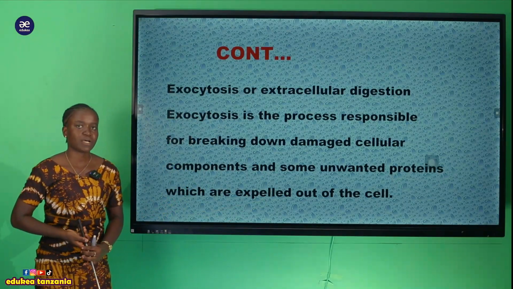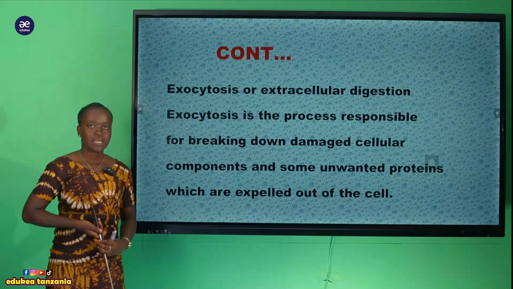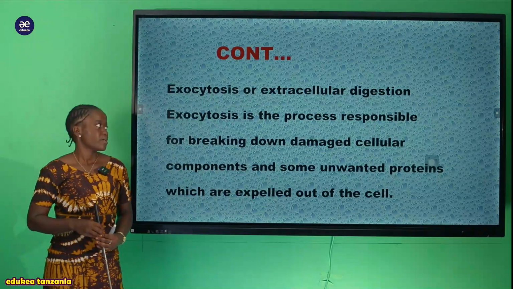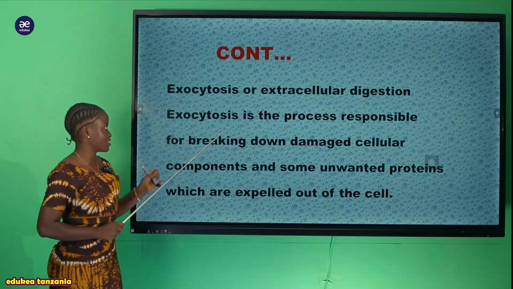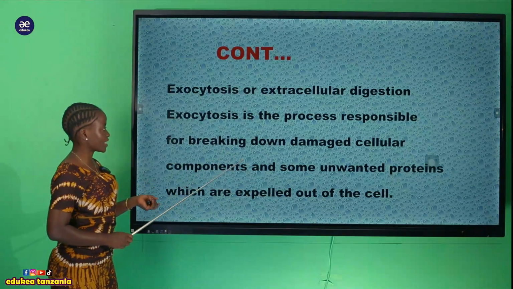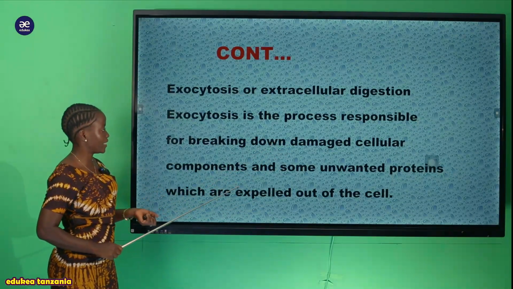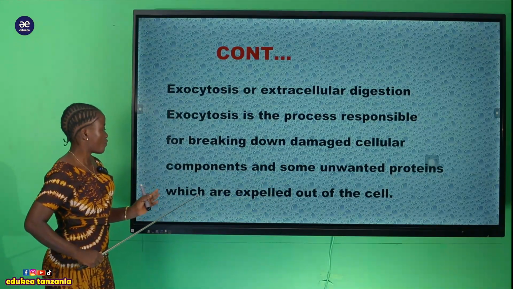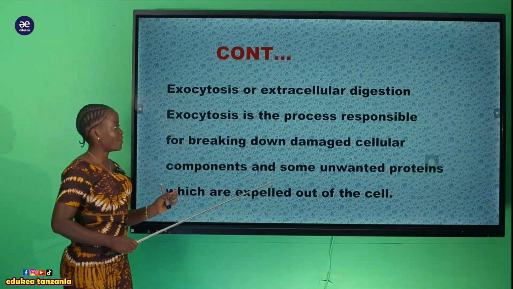So we have to ask ourselves, what is it, and what does the lysosome do in that way? Here we can say that exocytosis is the process responsible for breaking down damaged cellular components and some unwanted proteins which are expelled out of the cell.